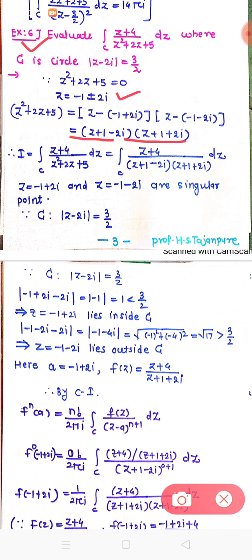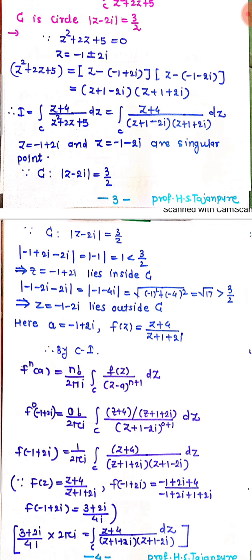I have denoted the given integral by I, and written the denominator in factor form. Now you can see the singular points here: z = -1 + 2i and z = -1 - 2i. Now check whether these points lie inside or outside the curve. Put the first point -1 + 2i, the value will be 1, which is strictly less than 3/2.